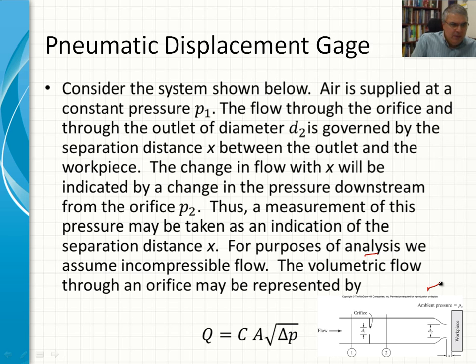That is actually governed by a distance x, which is a separation between the outlet and the workpiece, as I just mentioned. The change in flow with x will be indicated by a change in the downstream pressure from the orifice, P2 or nozzle P2. And there's also an ambient pressure of PA present throughout the operation.